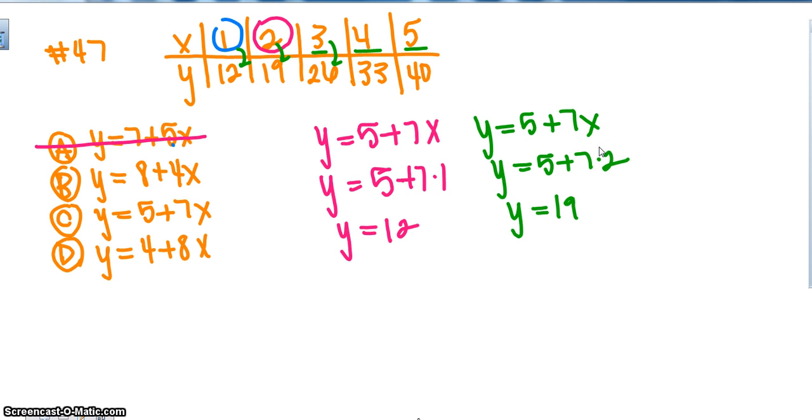This function rule, choice C, represents all of the table, and it works for every row.